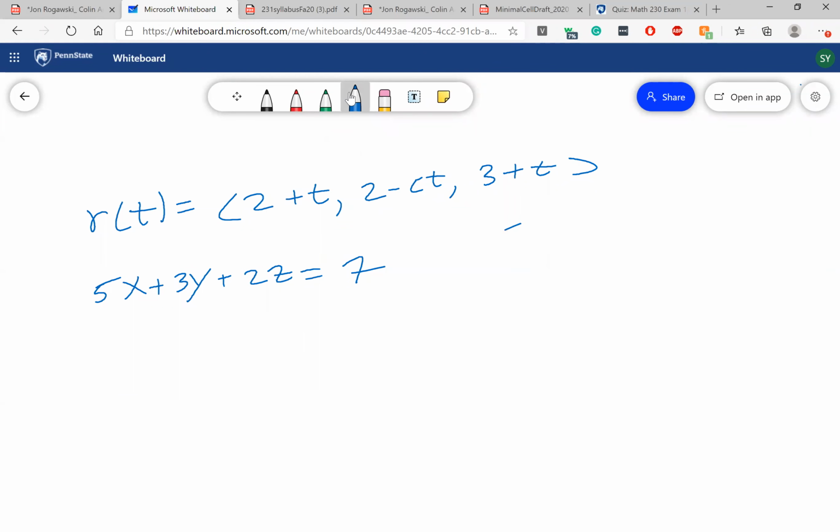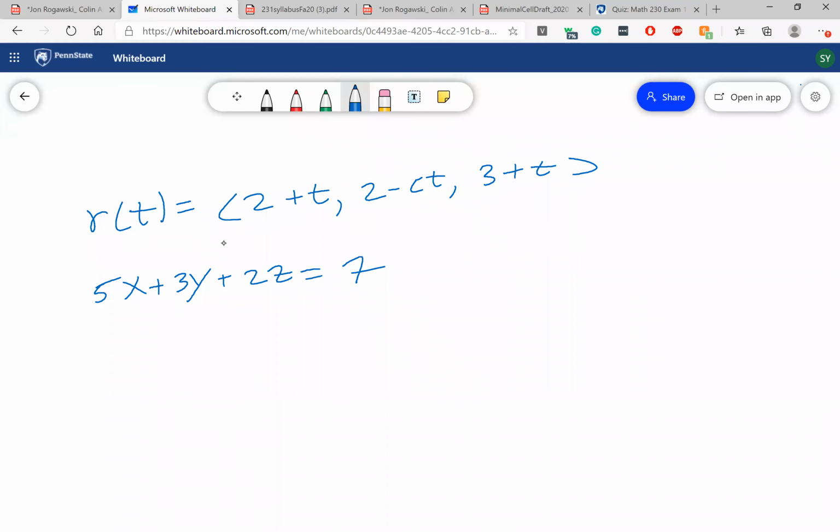So I think that geometrically, it's easier to think about making these two things parallel, making this line and this plane over here parallel.